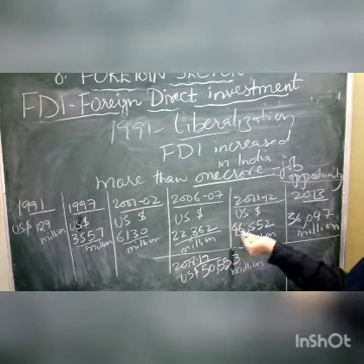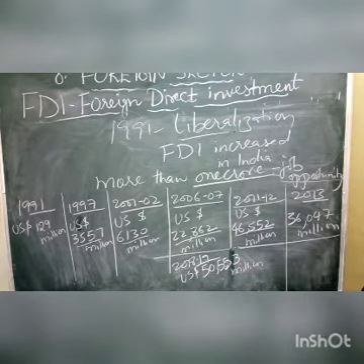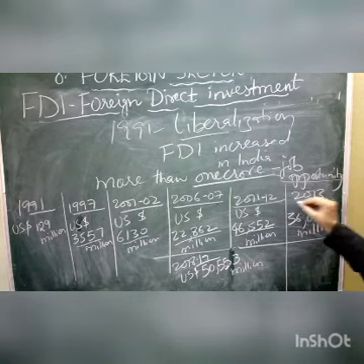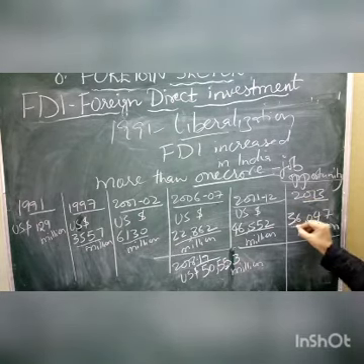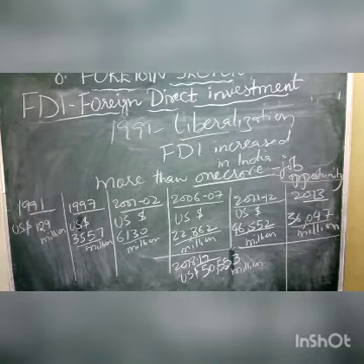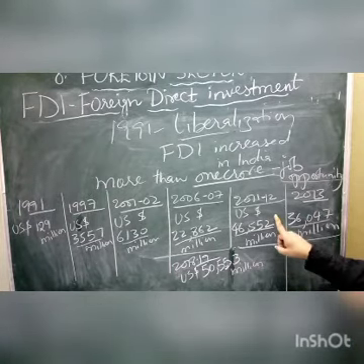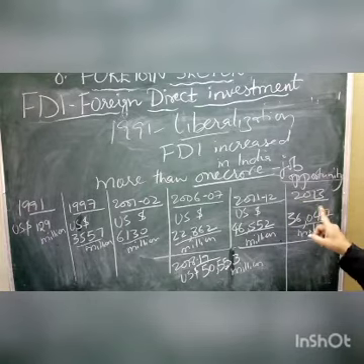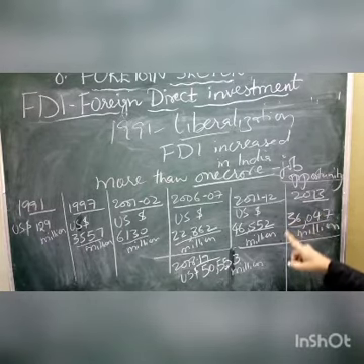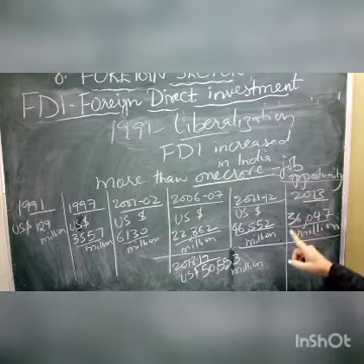In 2011-12, the FDI increased to 46,552 millions. In 2013, 36,047 millions. What do you find as the difference over here, children? In 2011-12 to 2013, we find there is a fall of FDI, a decline of FDI. Why?